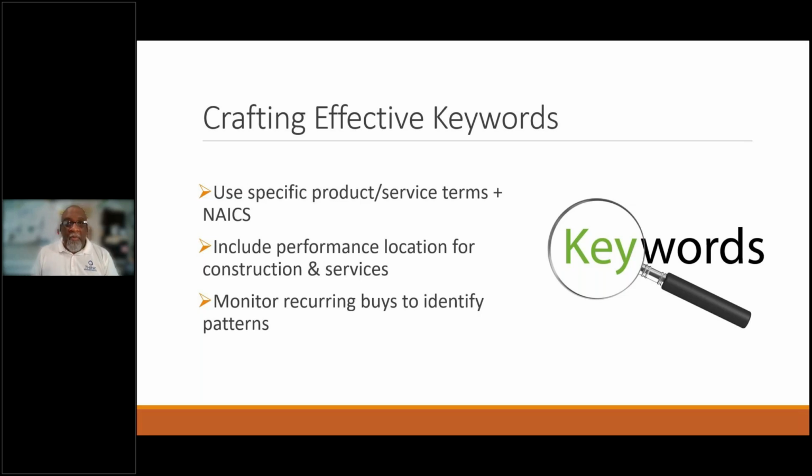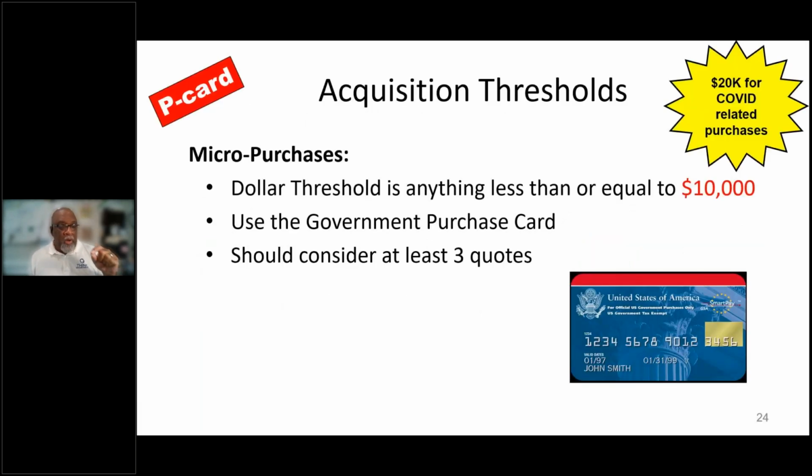Now, I'd be remiss if I didn't talk a little bit about purchase cards, because purchase cards are under the simplified acquisition threshold. It has its own threshold, but the value proposition here is that there is connective tissue between the micro purchase threshold and the next level up. When you're doing micro purchase activity, you can start planting the seeds that will sprout simplified acquisition activity.